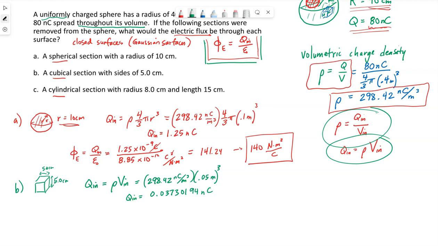Hopefully it makes sense that we have less charge within the surface. This cube is smaller than the sphere in part A by quite a bit actually. And so we should have even less charge than we did in part A. Knowing this charge, we can now solve for the electric flux through this cube from this charge and from our constant, 8.85 times 10 to the negative 12.